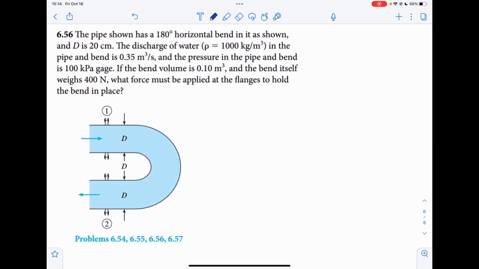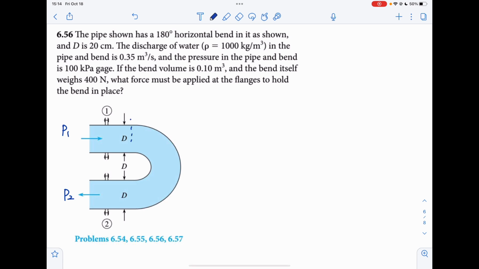We have the pressure at the inlet and outlet of the pipe, which are P1 and P2, both 100 kilopascals here. The bend volume is given and the bend weight is given. Then we are asked to find the force applied to hold the bend in place.